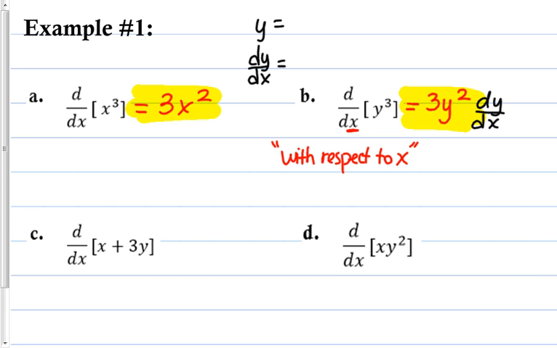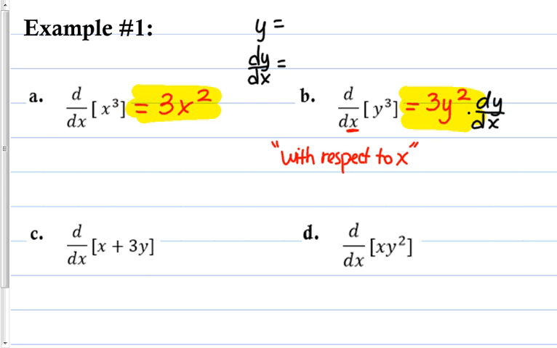Same thing, kind of. I'm just going to multiply by dy dx. And there's the chain rule aspect of it. I took the derivative of the outside, which was y cubed, and then I multiplied it by the derivative of the inside, which we're considering to be y.